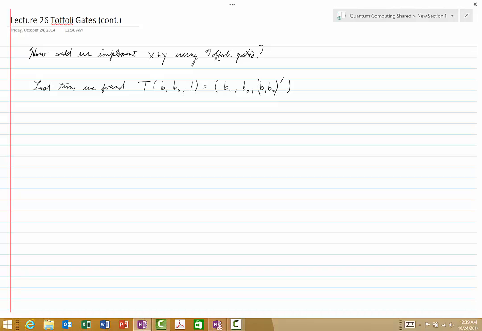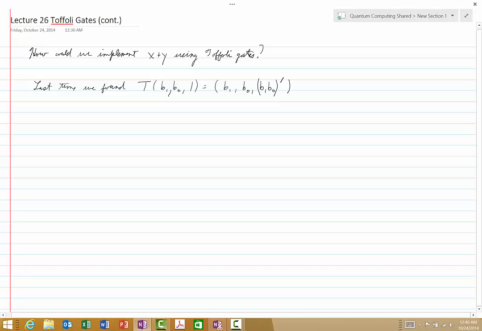So this means effectively that if we want to NAND two Boolean variables together, we can use the Toffoli gate as long as we use those two Boolean variables as the control bits and set the final bit equal to 1.